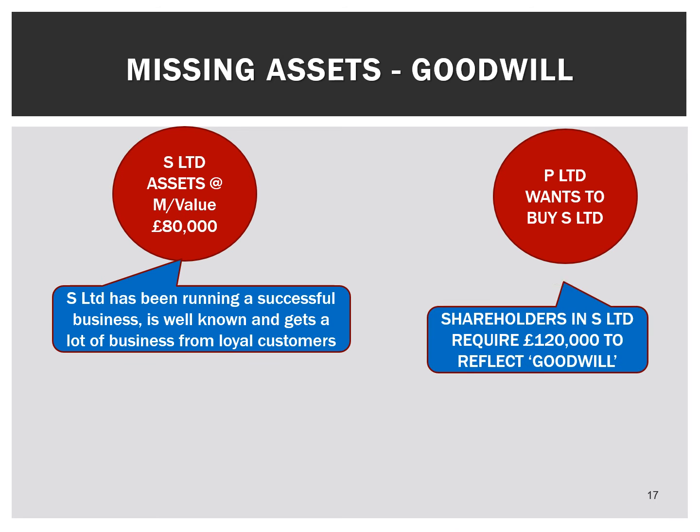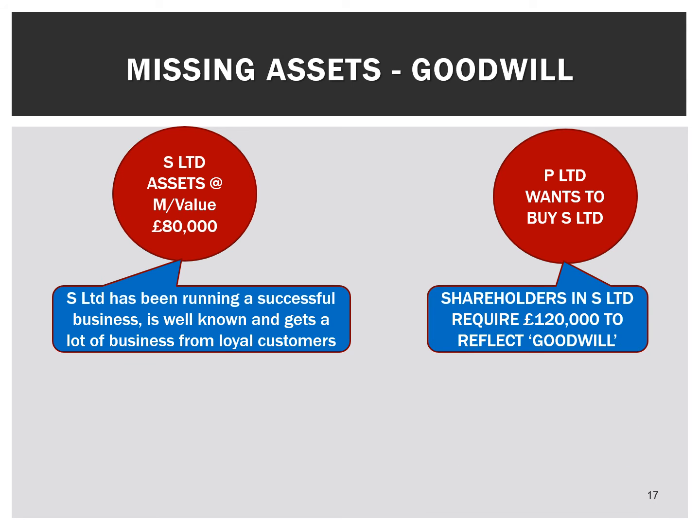And let's say in this example the shareholders want a total of £120,000 from P Limited in order to sell the company to P. Now in this case, if we look at the individual accounts, the net assets at market value in S Limited's statement will be £80,000.